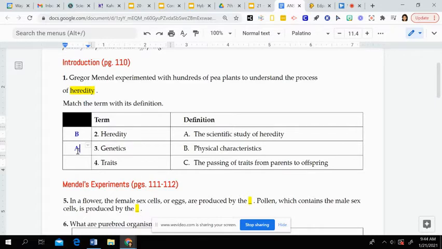Actually, heredity is the passing of traits from parents to offspring. So I apologize, heredity should be C. And then traits are those physical characteristics that we have.